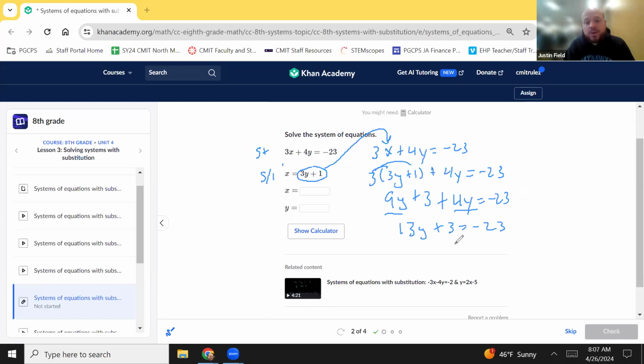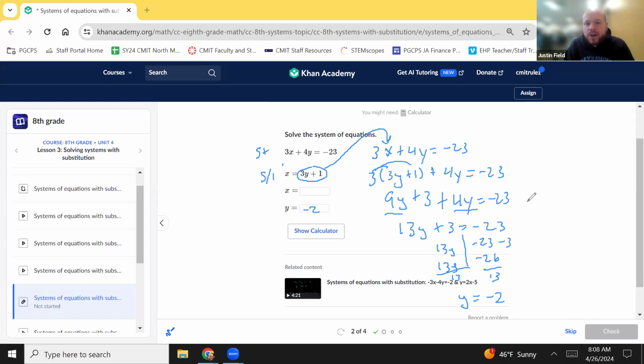This is a two-step equation, but it's not one we can't solve. We're going to put our variables on the left, numbers on the right, over the line, switch the sign. So that's negative 23 minus 3, which is negative 26. Divide by 13, and y equals negative 2.